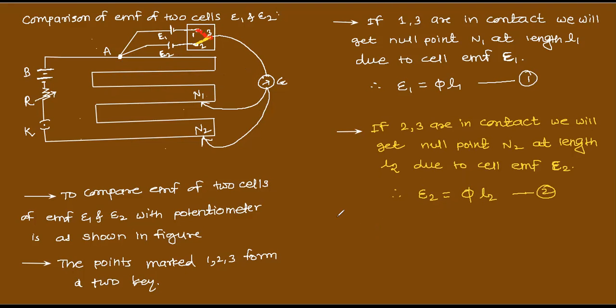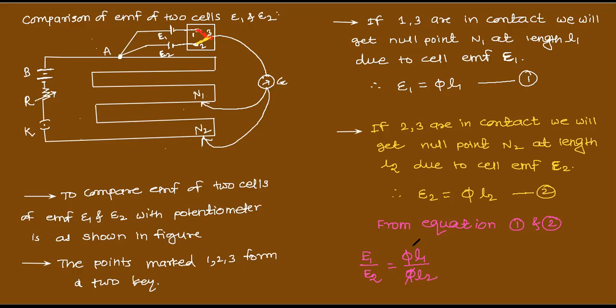Now see here, from equation 1 and 2, can I divide this? So see here, E1 by E2 is equal to phi L1 divided by phi L2.